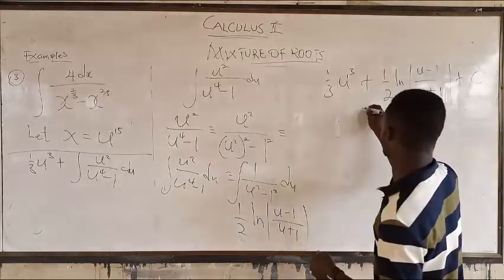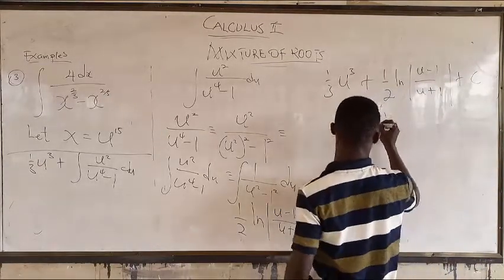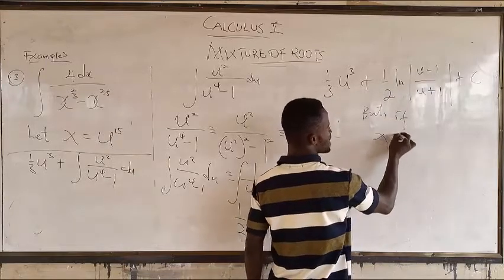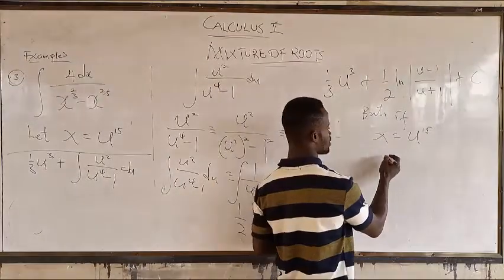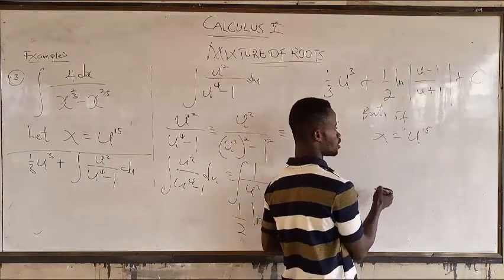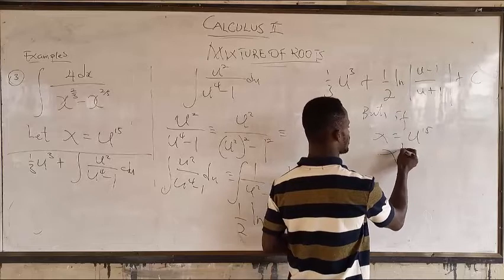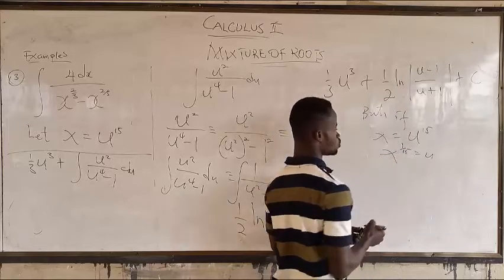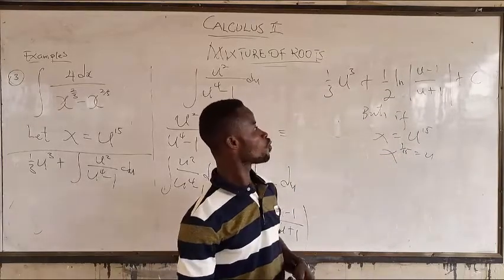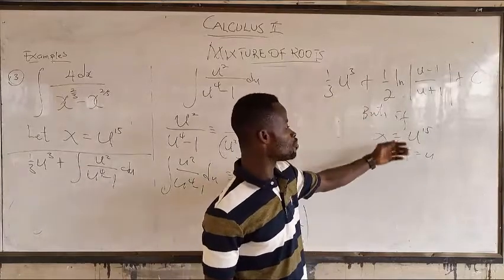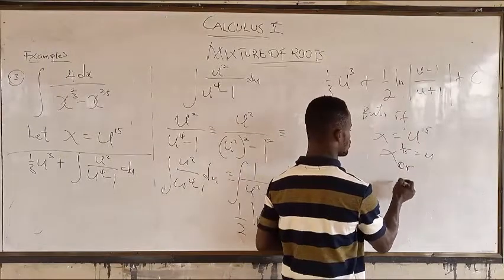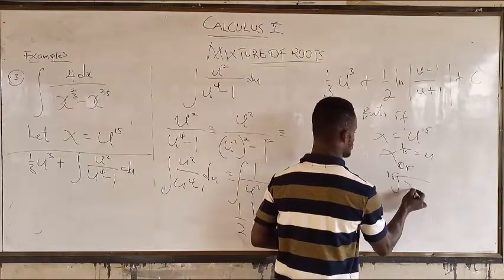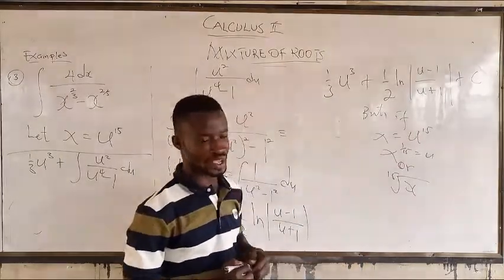But if x is equal to u raised to the power 15, then x raised to the power 1 over 15 will be equal to u. So wherever you see u here, put x raised to the power 1 over 15, or the 15th root of x.